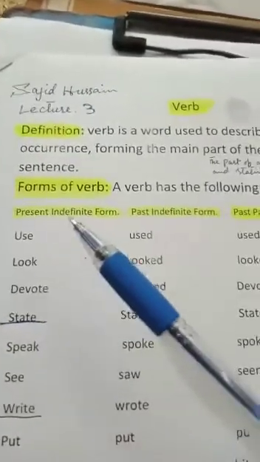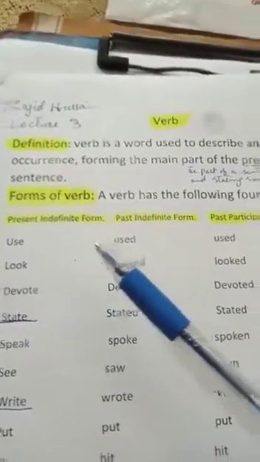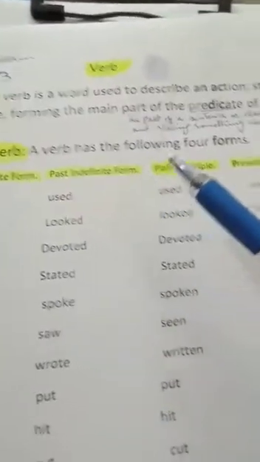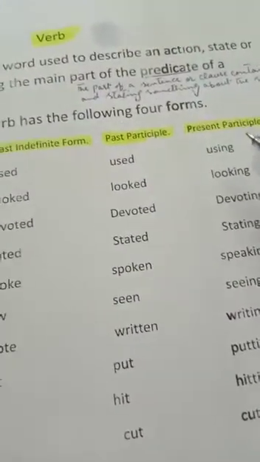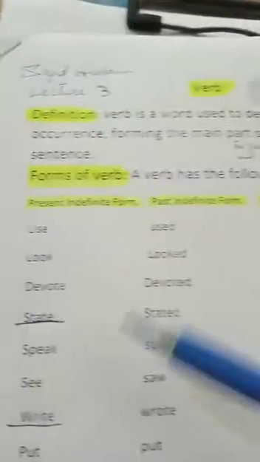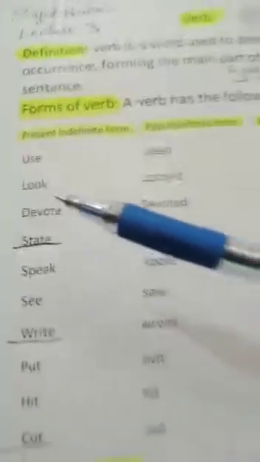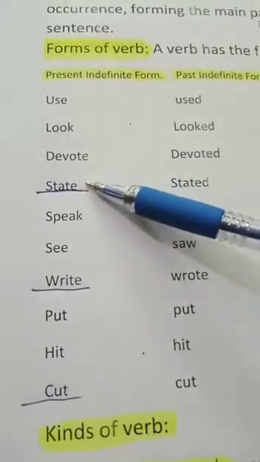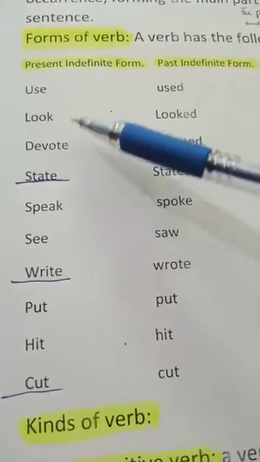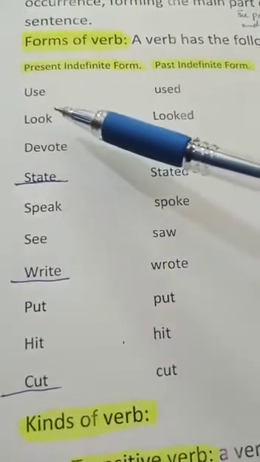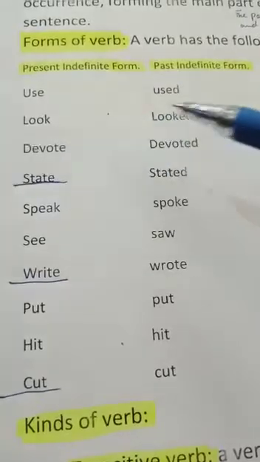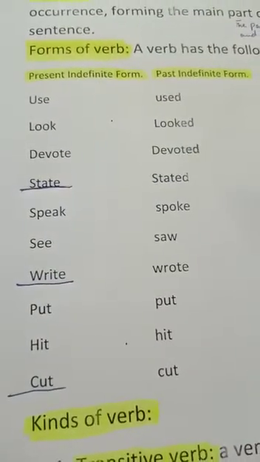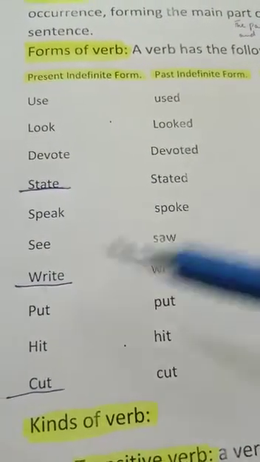A verb falls into four forms: present indefinite form, past indefinite form, past participle, and present participle form. There are different ways or patterns to develop different forms of verbs. These first given four verbs follow D or ED with their present indefinite forms to develop their past indefinite and past participle forms.